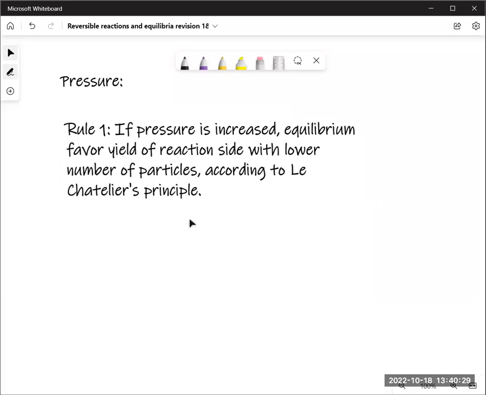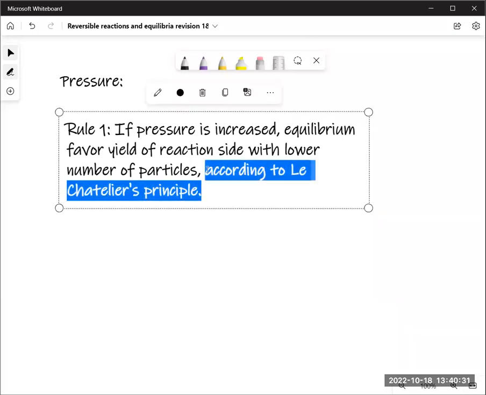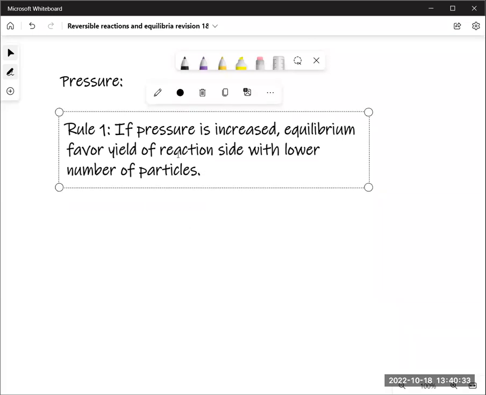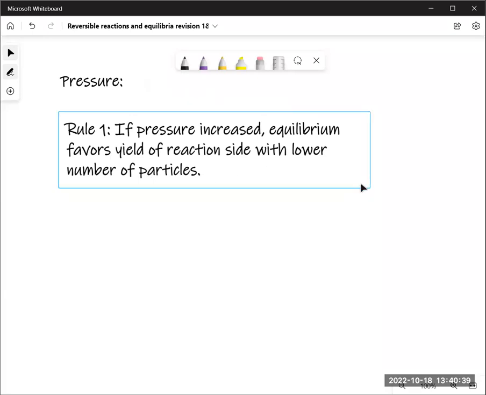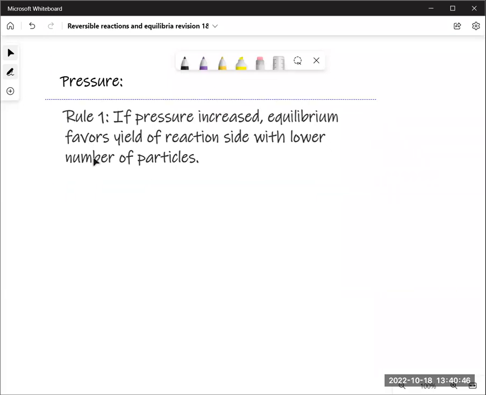That's it. You need to memorize it. If you can memorize this, you're getting all the marks. There's nothing else here.